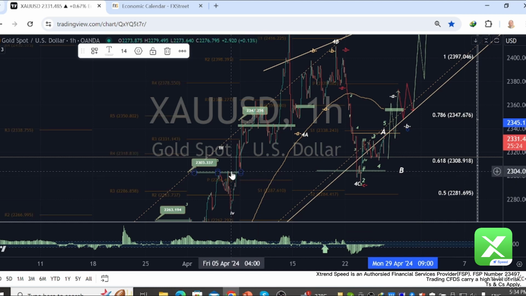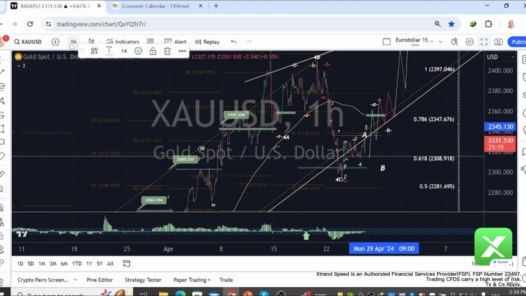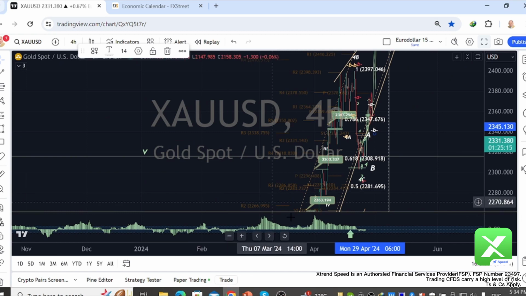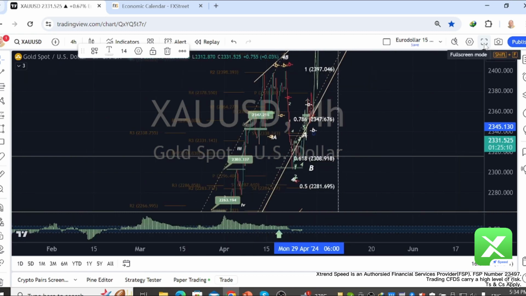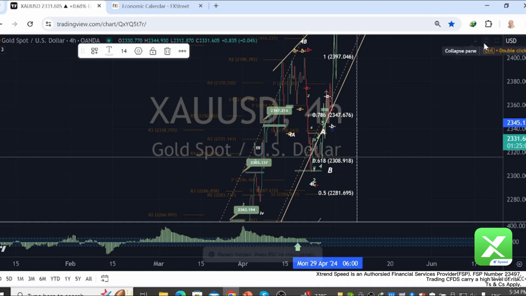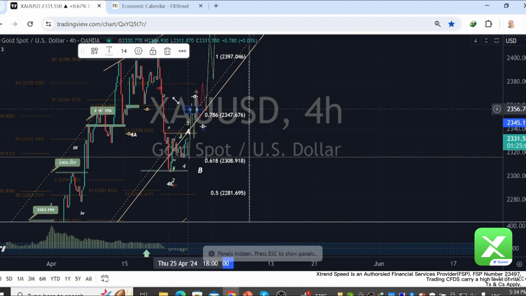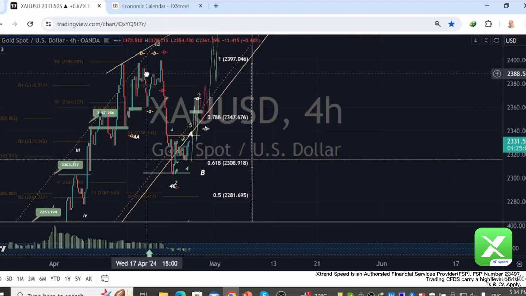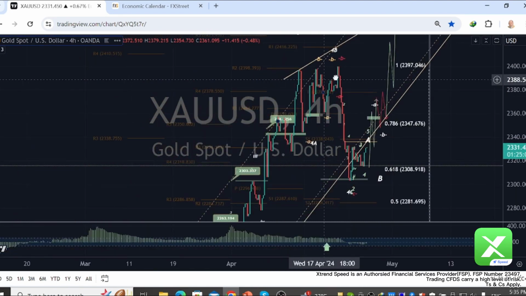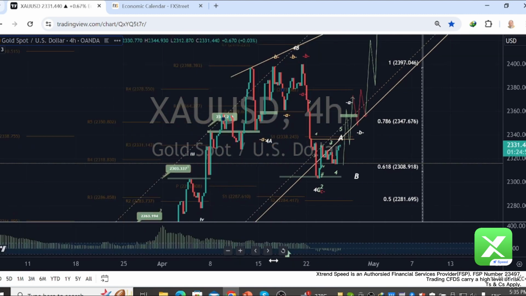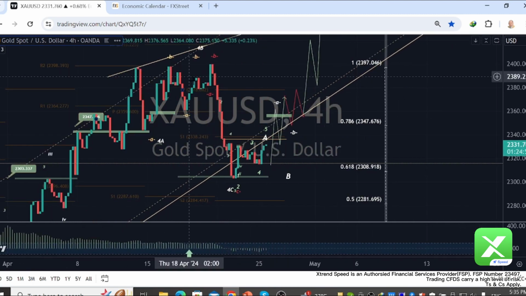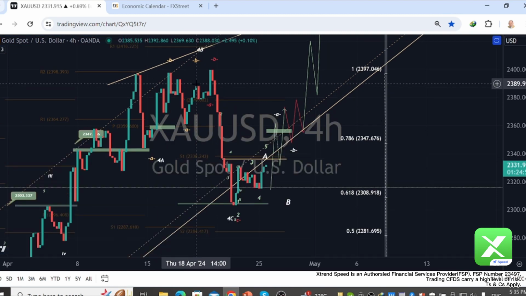The 1 hour shows a bounce at 2,303, or 2,300 to be exact. The 4 hours is showing a crucial formation and it is developing now to the upside. So I was saying earlier, the 4 hours is a very interesting candle structure.